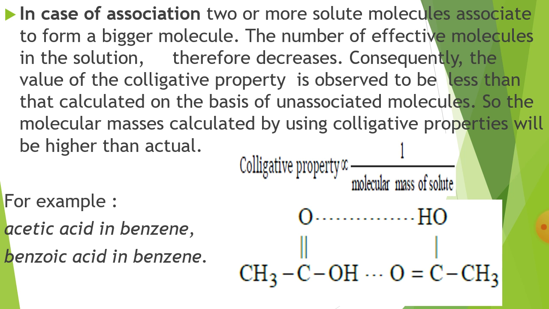So if you are taking two molecules of acetic acid in benzene, they convert into a single molecule by association through H bonding. That's why the number of particles decreases and hence colligative property decreases, but molar mass increases. In case of acetic acid, the molar mass is 60, but in this condition the molar mass becomes 120.